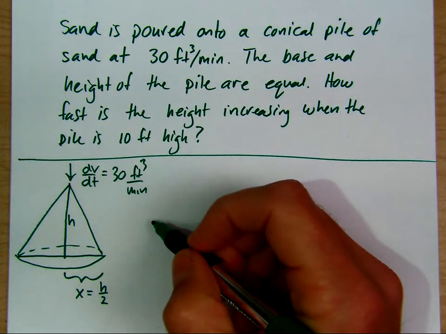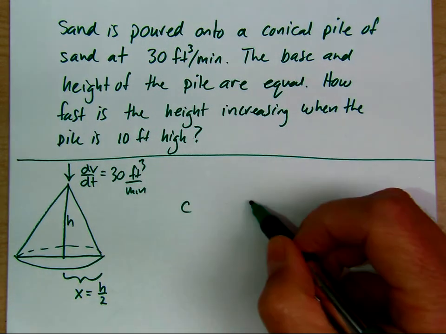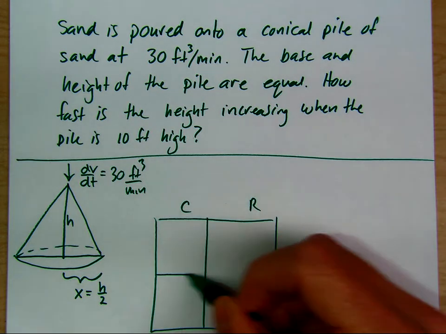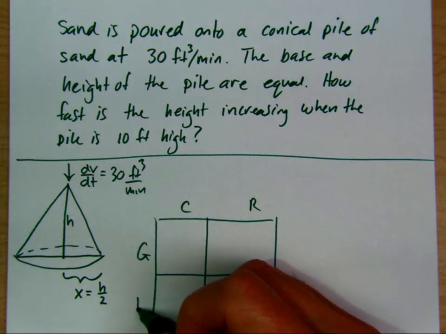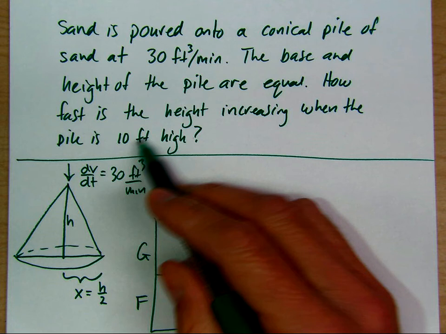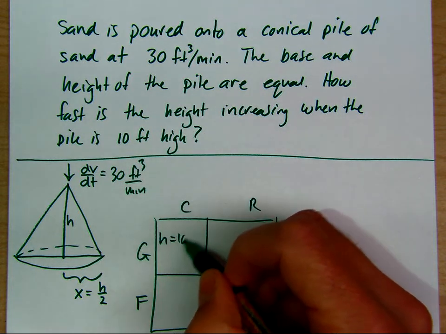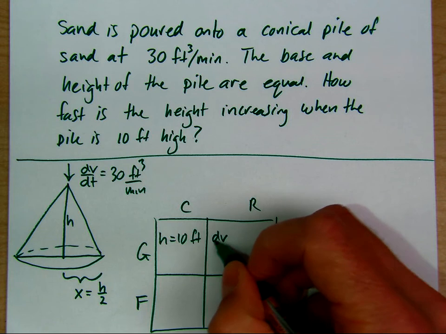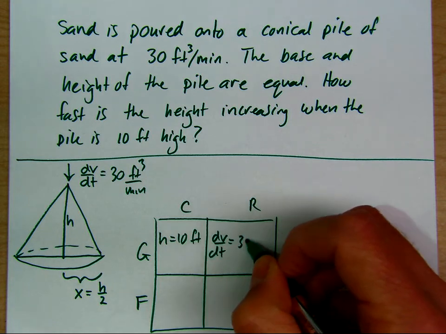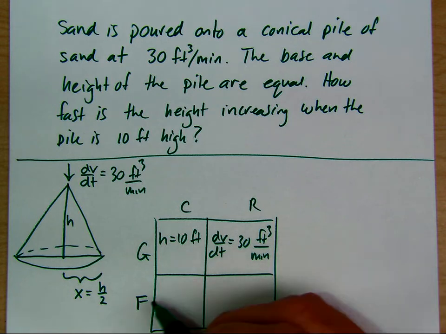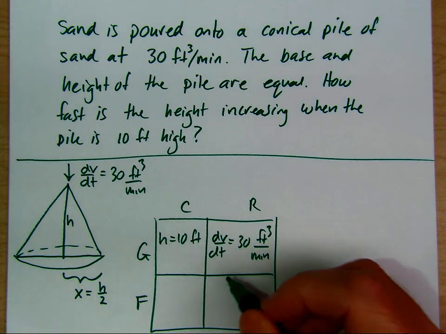So let's look at organizing it. The given constant: when the height is 10 feet, the given rate, dV/dt is 30. And find a rate. Find dh/dt.